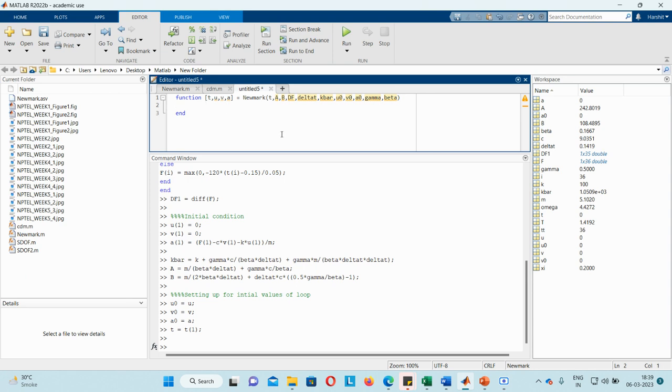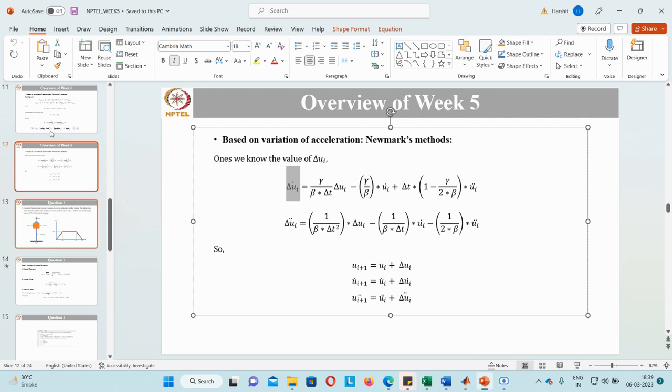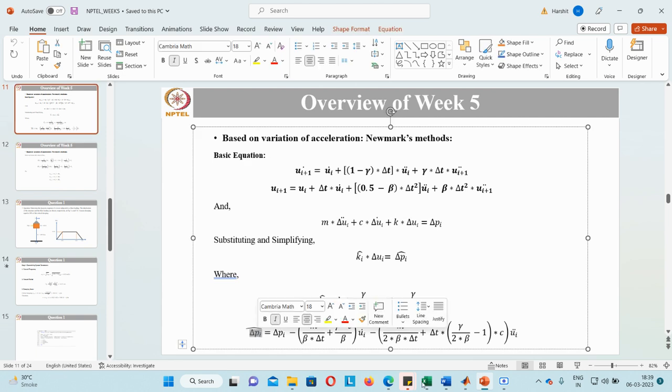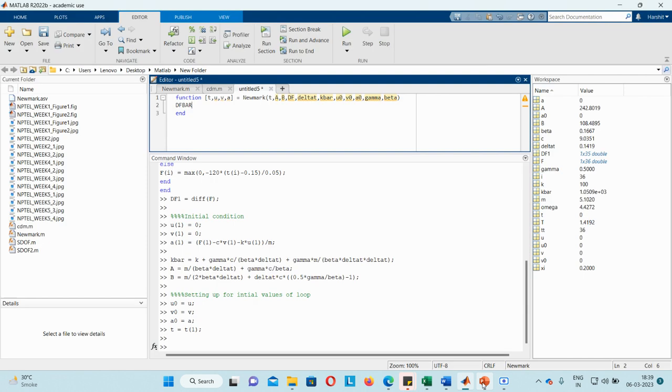So how do we define the function? We first define df bar. Here we saw delta p bar we need to define. So df bar is nothing but delta p plus a times v naught plus b times a naught.